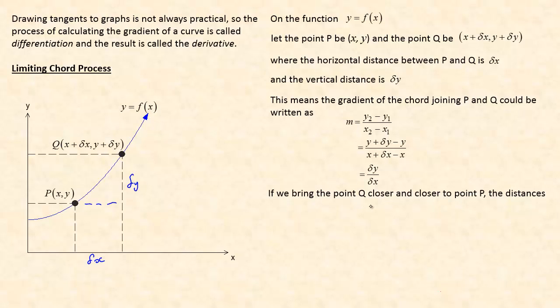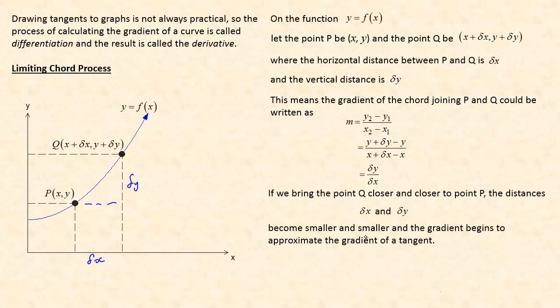If we bring the point Q closer and closer to point P, the distances delta x and delta y become smaller and smaller, and the gradient begins to approximate the gradient of a tangent. So let's just think about that.